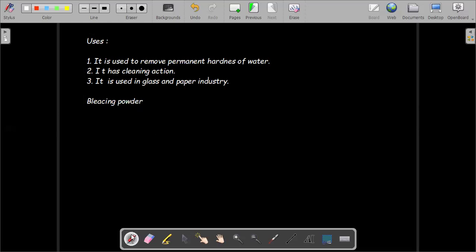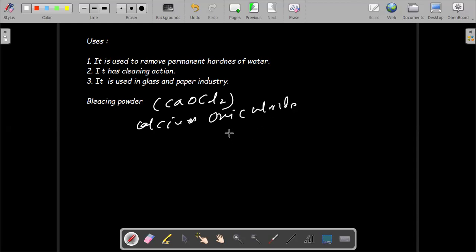See, bleaching powder, its chemical formula is CaOCl2 and its name is calcium oxychloride. Its common name is bleaching powder.